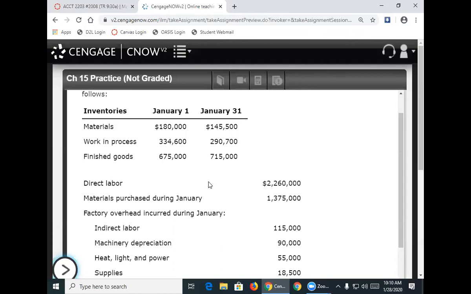So how many materials were actually used and put into production? 145,500?